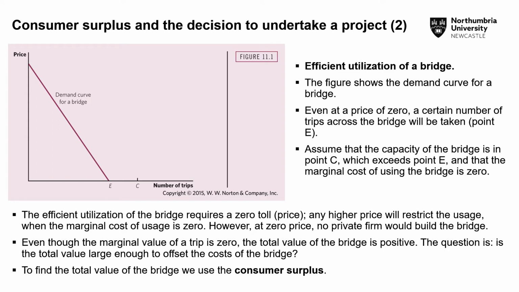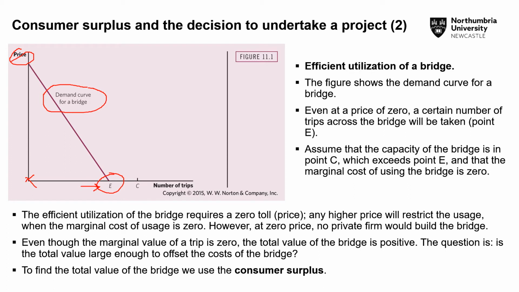So let's take a look at a situation where we have a bridge and we have a demand curve for a bridge, and this is associated with a specific number of trips. So when the price is zero, there is a specific number of trips undertaken, which is denoted here. As you can see, the price is zero at this point, and this is the amount of trips that are then undertaken.